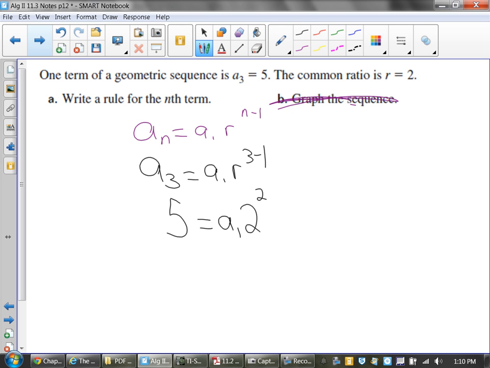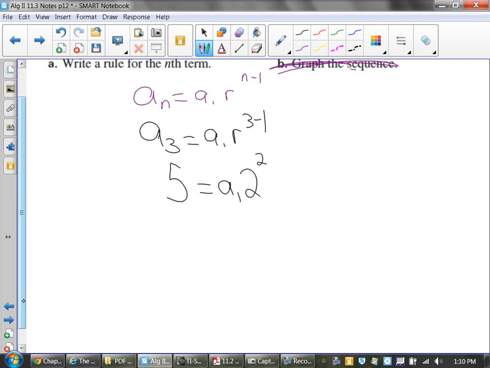What's 2 squared? How do I get the first term by itself then? Divide by 4. So what's your first term? So there's your first term.